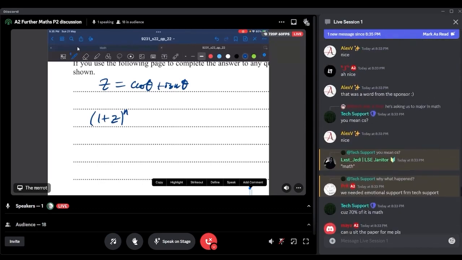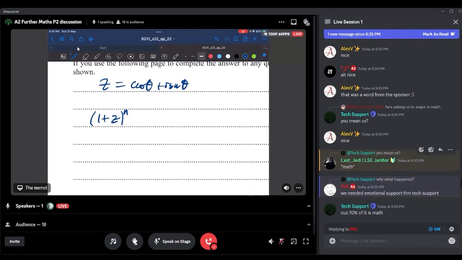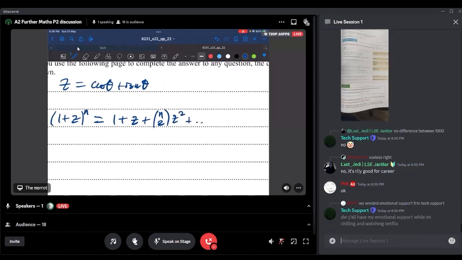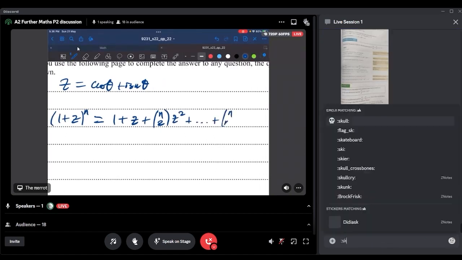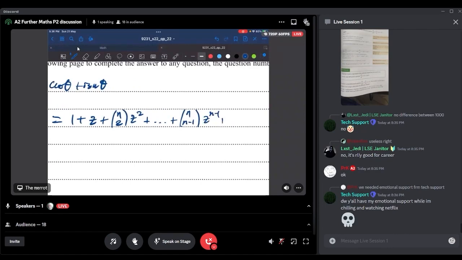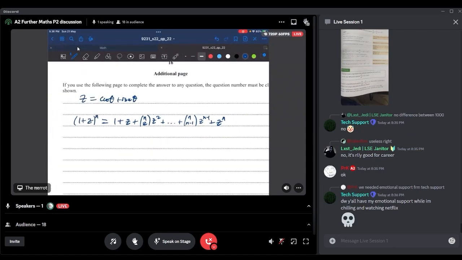All right, and the question is how. From what I see, from the two sums on the left side, if you multiply the sine sum by i and add it to the first one, you get the expansion of this. So you have 1 + nC1 z + nC2 z^2 up to nC(n-1) z^(n-1) + z^n.